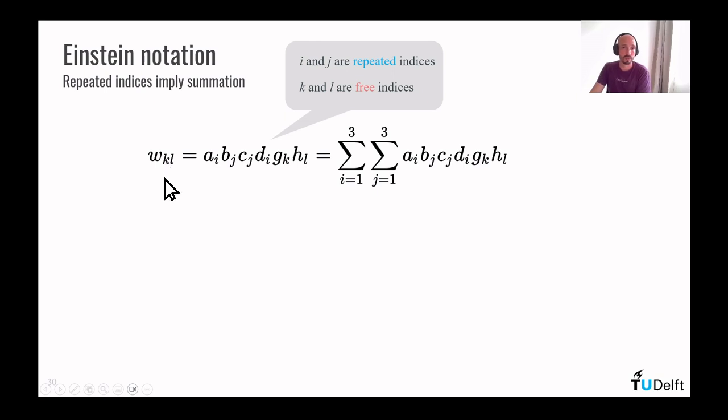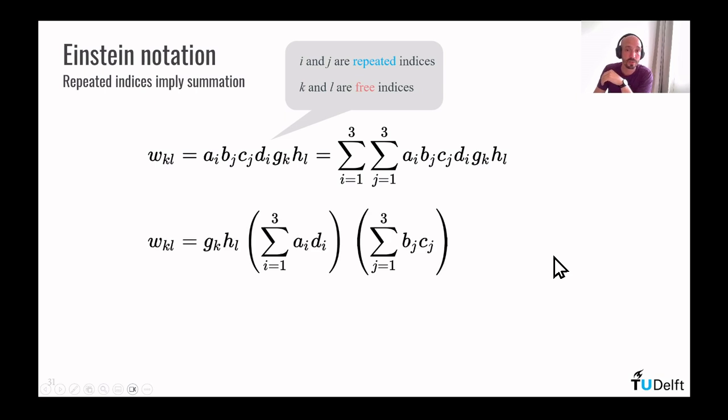So we can represent this as w sub k l. And this summation here will be just a scalar, because if g sub k and h sub l do not depend on i and j, we can take them out of the summation and rearrange these equations like this.